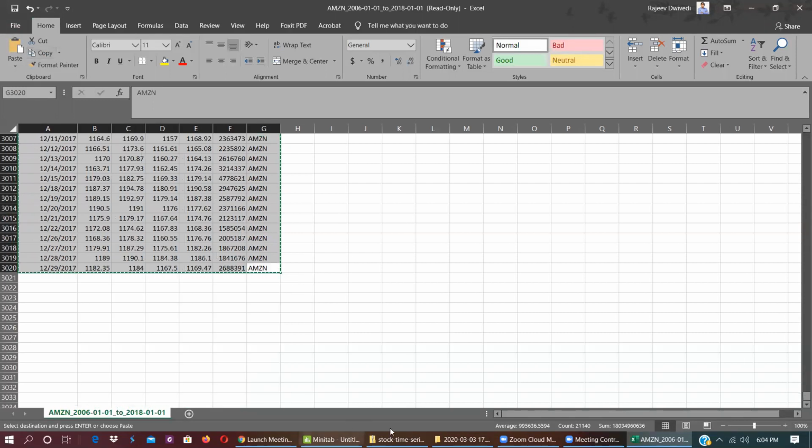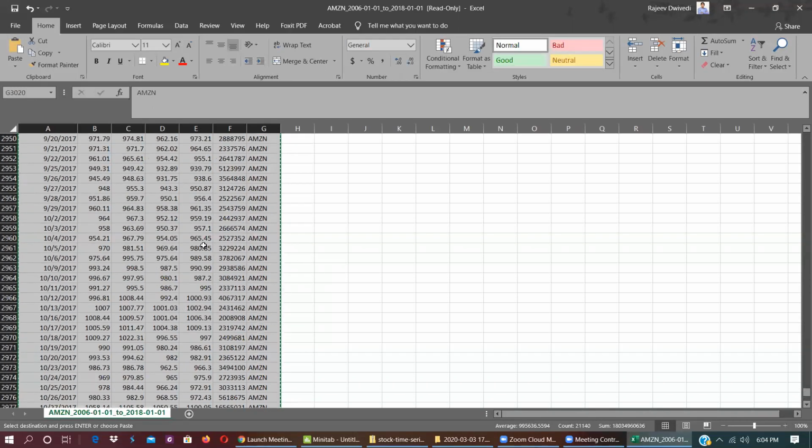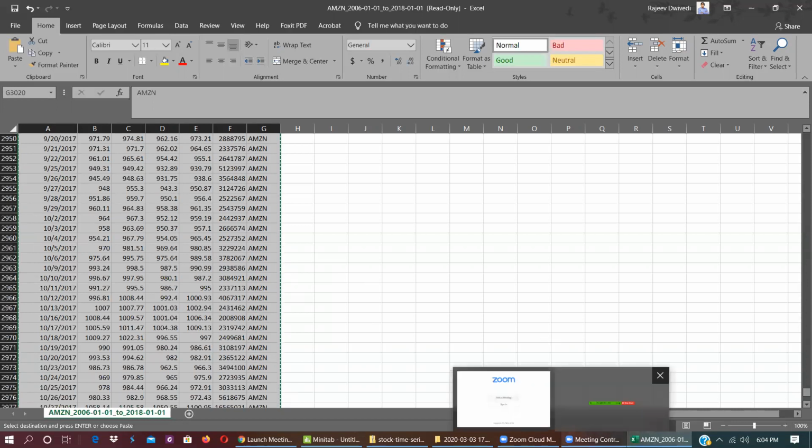Copy. So basically, how many entries are there? 3020. That means almost 10 years, because in 10 years 3650 days are there. If you exclude the Sundays, Saturdays and other holidays, it comes around the same number. Therefore, this is 10 years of time series data about Amazon stock.